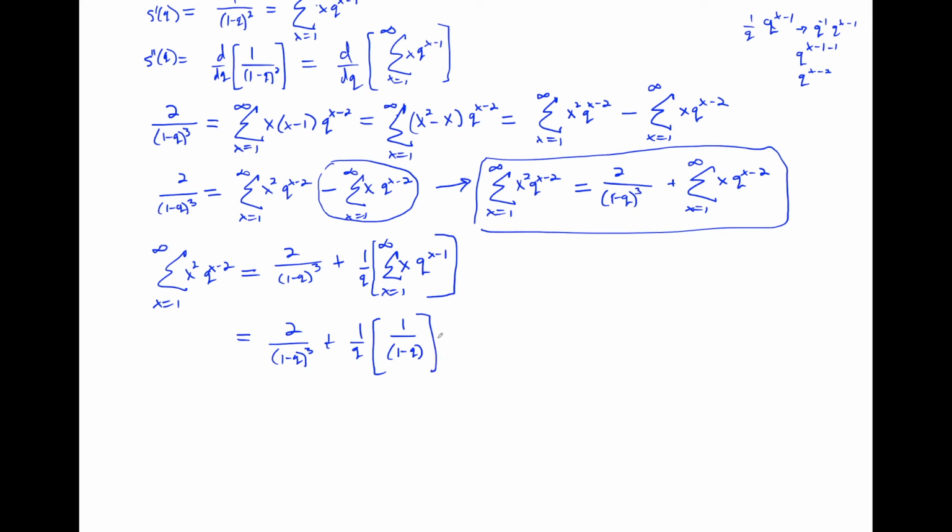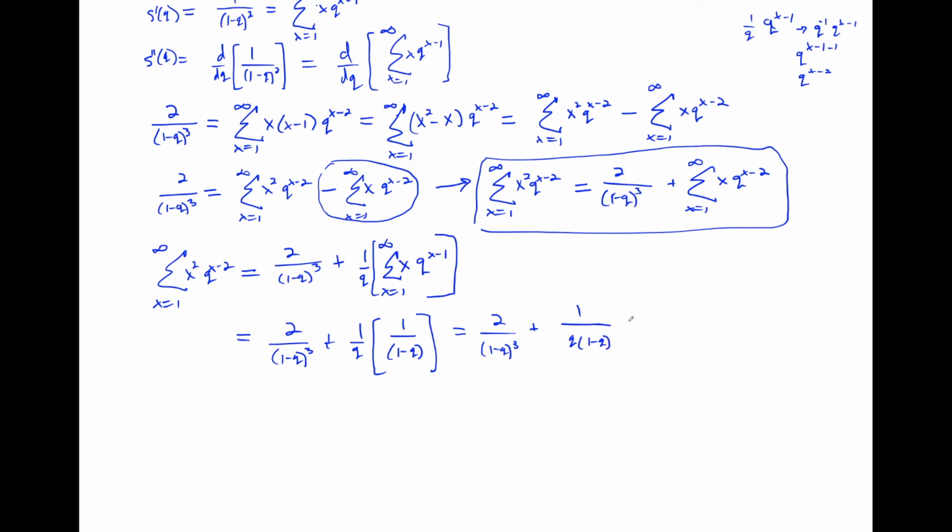Okay, so now that we've done this, it's just a little bit of algebra. And with this algebra, we're going to multiply this q by that denominator. So that's 2 upon 1 minus q cubed plus 1 over q times 1 minus q.